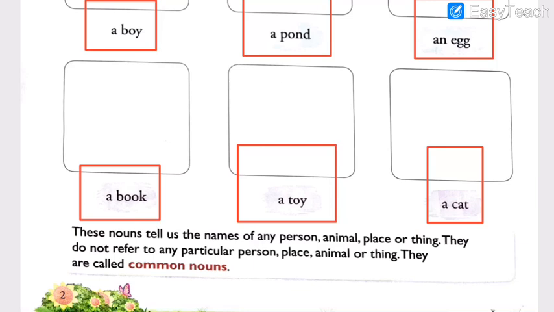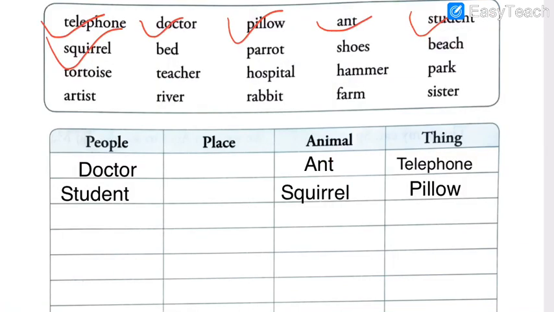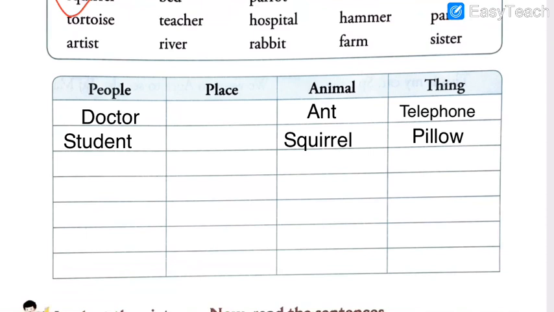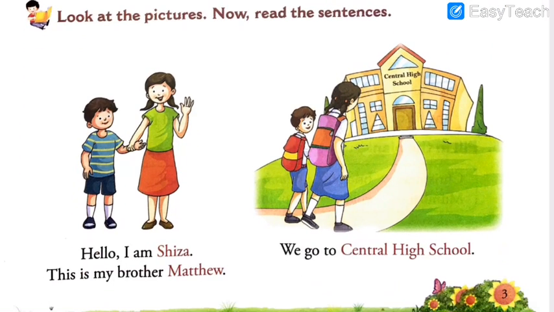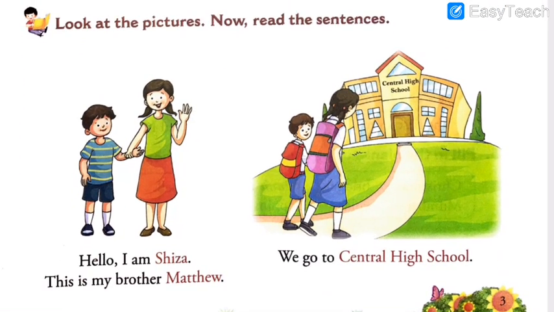Now a few students were badly waiting for that, because they were having confusion between common noun and proper noun. So we even solved exercise number 3 of common noun, in which you had to bifurcate people, place, animal, thing. After solving that, I explained once again what is a proper noun.